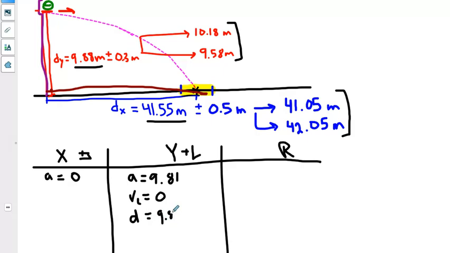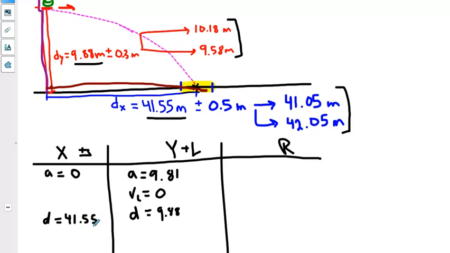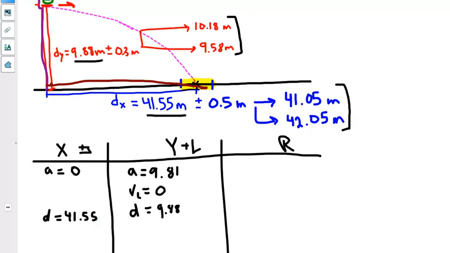And we knew that the DX was 41.55. By the way, depending on which group you're with and which class and which A through L, M through Z, your number here may be different. It may not be 41.55. But the process we follow will be exactly the same. And ultimately, the goal was to find the VIX. That was our question mark.